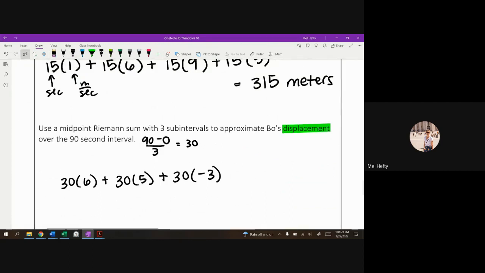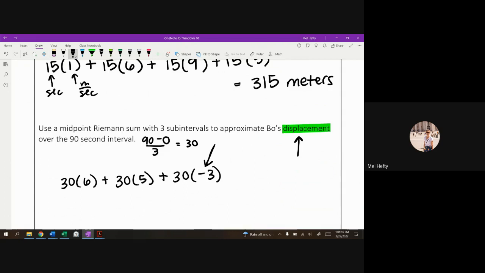Is this -3 okay? Am I allowed to count my guy going backwards? I am. I'm finding displacement. If we're looking for displacement, it is okay for us to cancel out some of that distance.